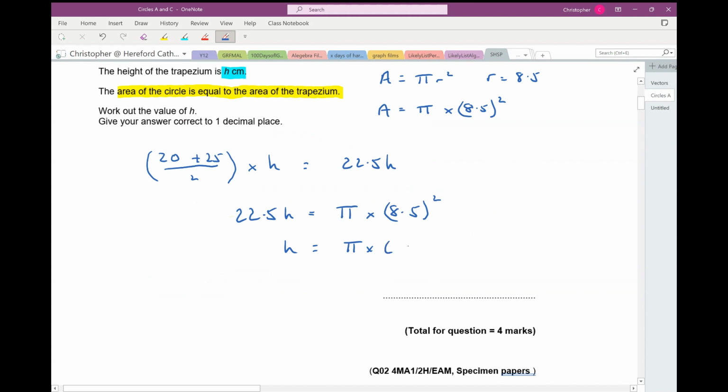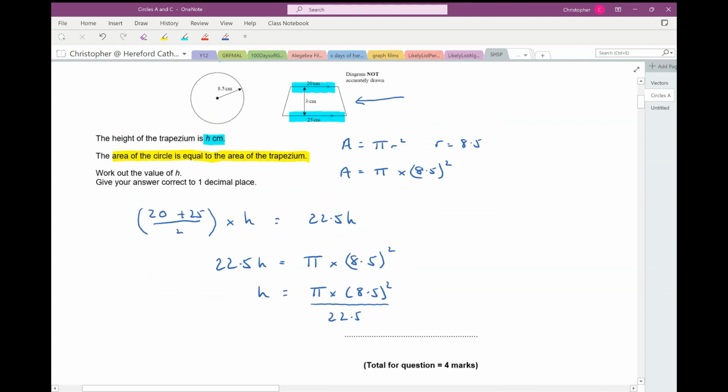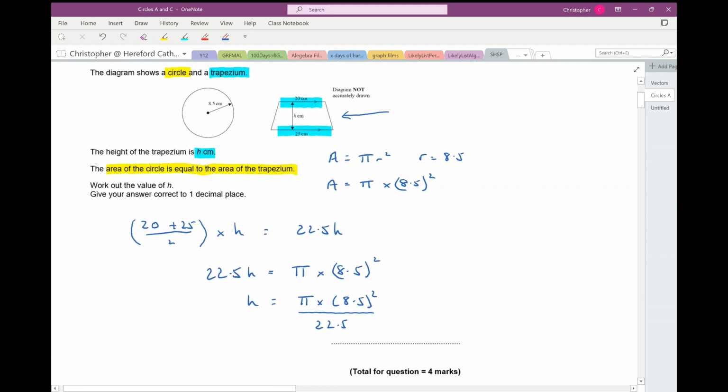So h is going to be pi times 8.5 squared divided by 22.5. Put that into your calculator very carefully, and you'll get an answer of 10.08 with many more digits, and we're asked to give our answer correct to one decimal place. So the answer is 10.1.